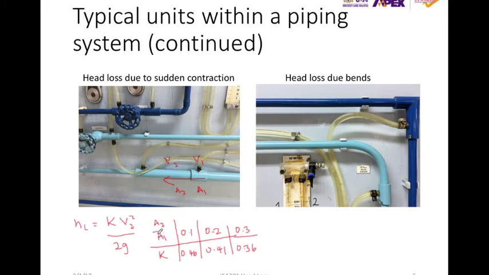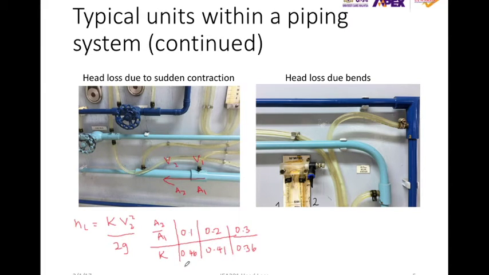This means if the A2, or the area of this pipe after the contraction, is a lot smaller than the pipe before, then the K value would be higher. And the smaller the difference in contraction, or the difference in area, the lesser the K value will be.